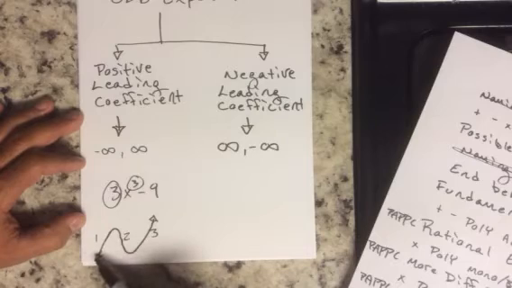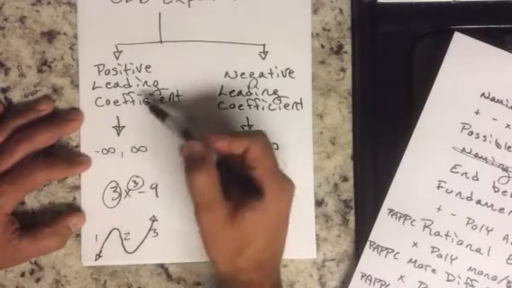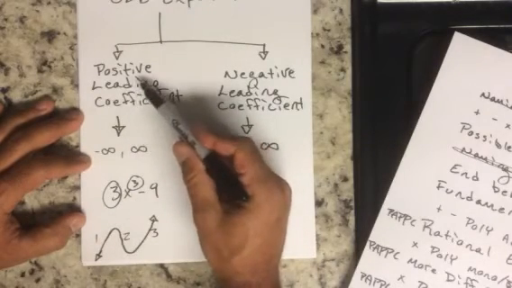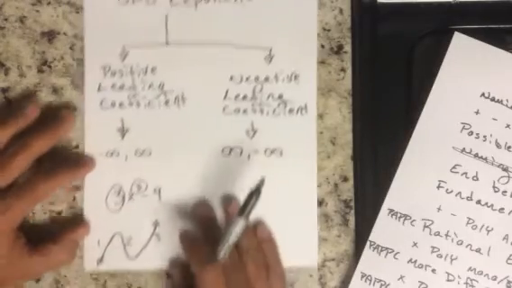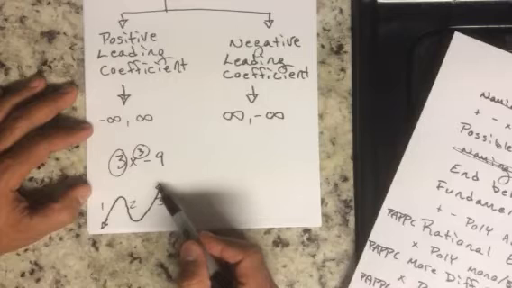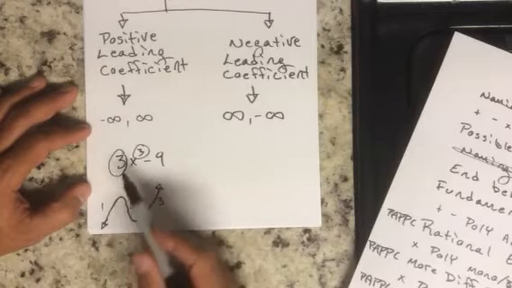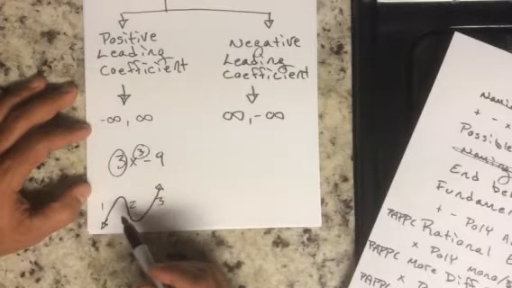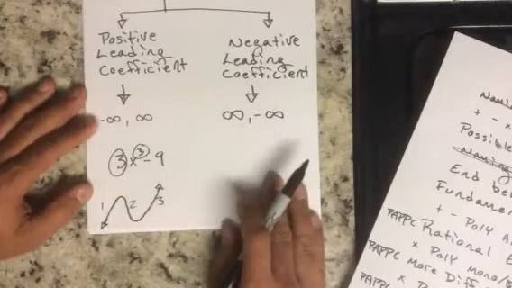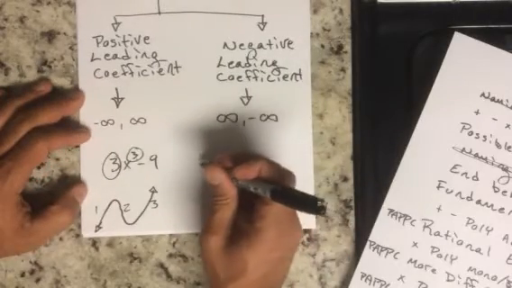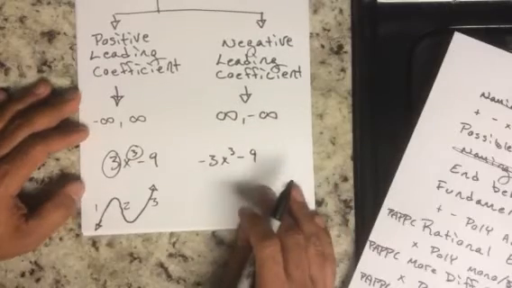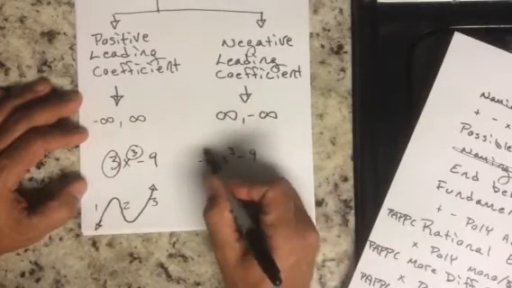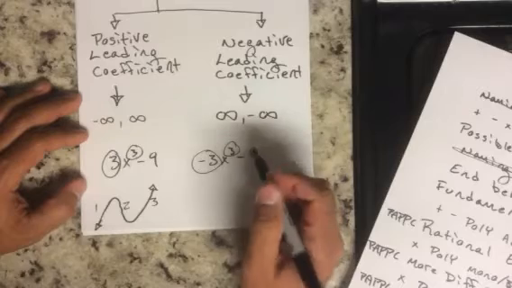So I have 1, 2, 3 directions. So I know it's going from negative infinity to positive infinity because of what I just did. It has a positive leading coefficient and an odd exponent. I know because of this, it changes direction, or it has 3 different directions. If I have something like negative 3x cubed, this is a negative leading coefficient with an odd exponent.